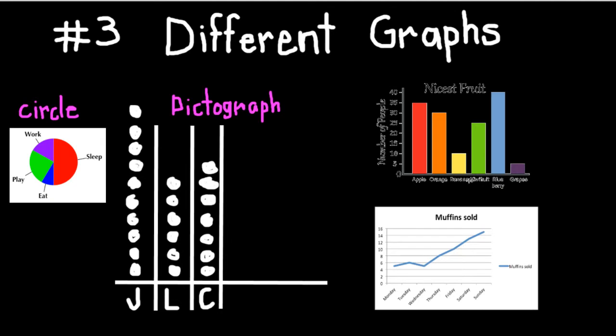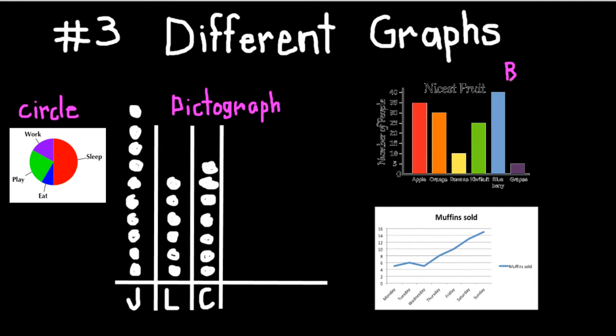The most popular fruit, you can see, was the blueberry, and that was where 40 people thought that was the nicest fruit. The grapes weren't as popular, only 5 people. So it's really easy to compare data when you're looking at the different sizes of the bars. So that one is called the bar graph.